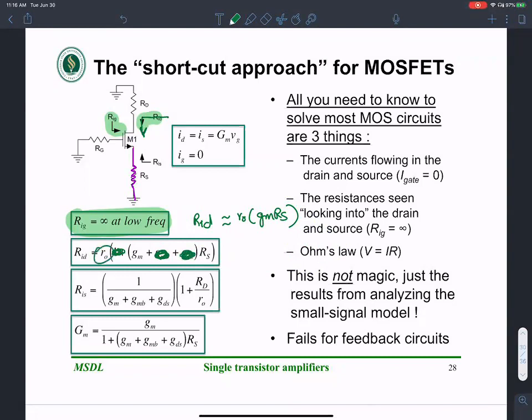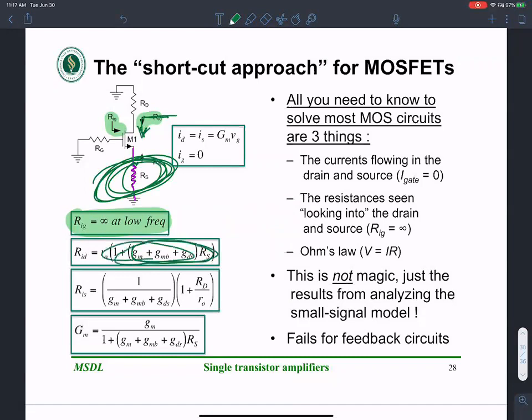R naught is large enough that I can ignore GDS. So a crude approximation is RID is R naught multiplied by GM times RS. In other words, just by adding a resistance in the source here, the output resistance is going to be multiplied by R naught, multiplied by GM RS.